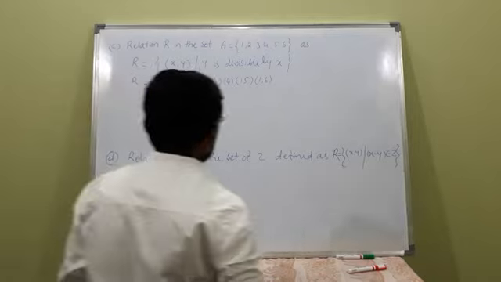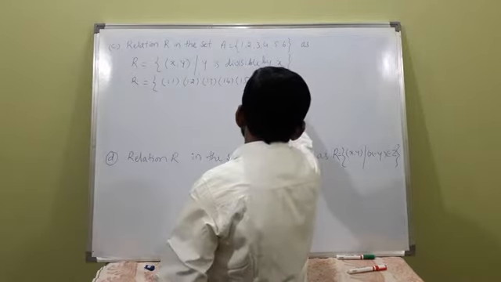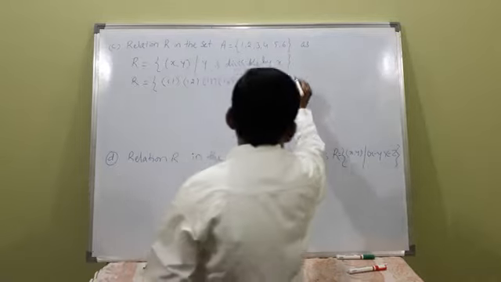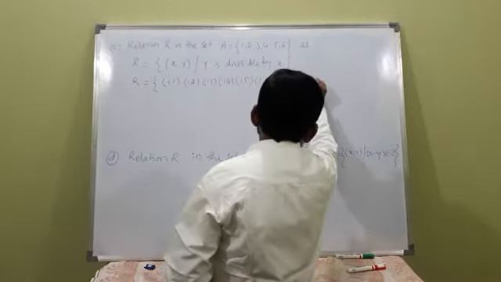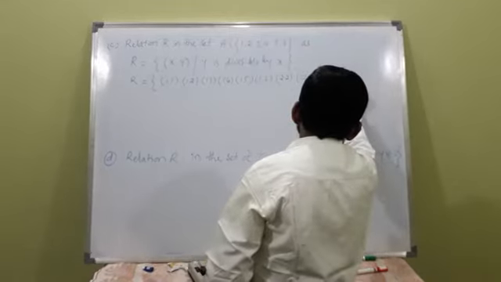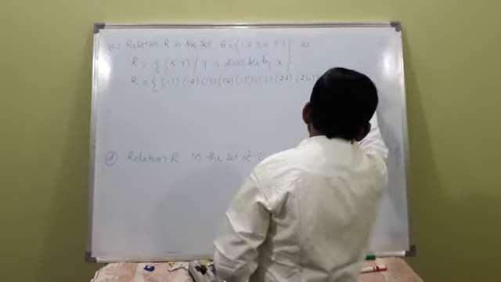Okay, starting with 2, (2,1) cannot be possible. (2,2), (2,4), (2,6), (3,3), (3,6).